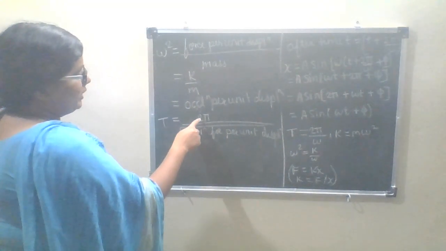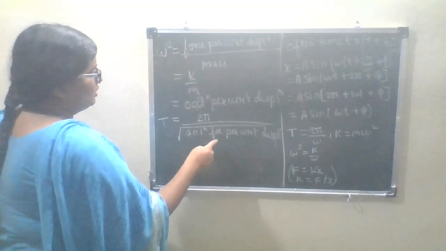Now T is equal to 2 pi upon acceleration per unit displacement.